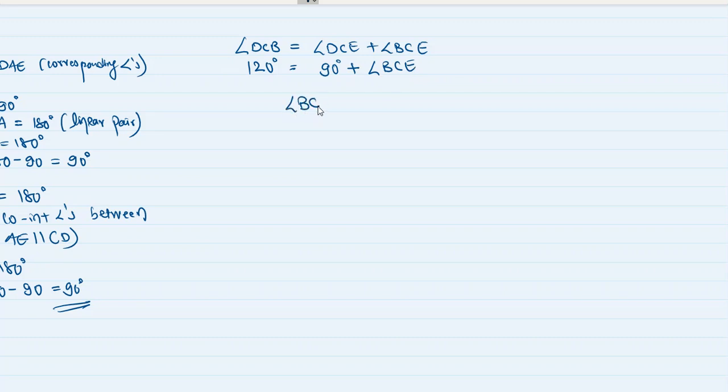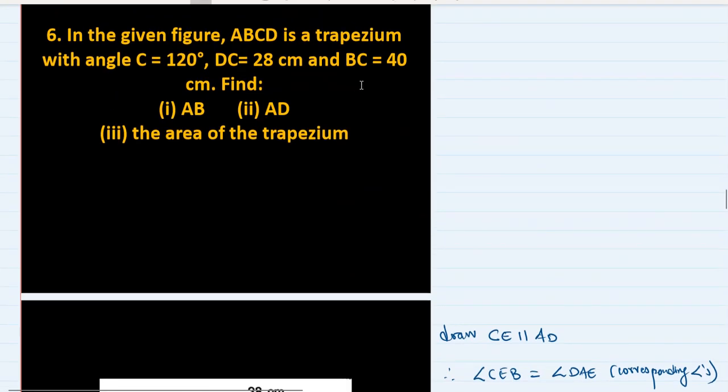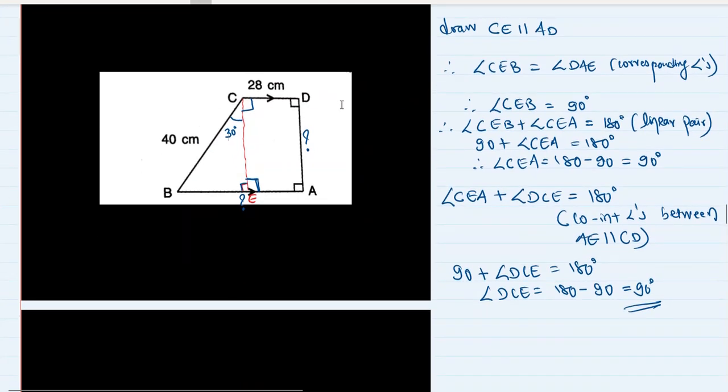So angle BCE is equal to 120 minus 90, which is 30 degrees. Just a moment, let me erase this part. So this is 90 and this is 30. The sum of angle DCB is 120, which is given in the question. So we found angle BCE to be 30 degrees.